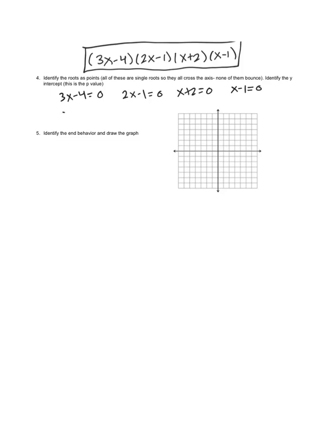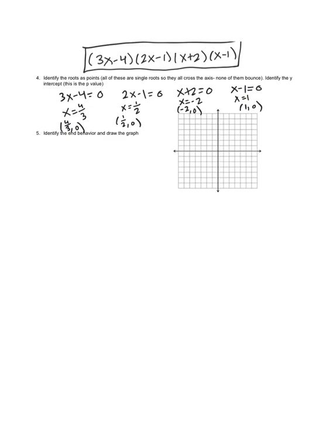So here you're going to get x is positive 4/3. So as a point, that would be (4/3, 0). On this one, you're going to get x is equal to positive 1/2. So that would be (1/2, 0). Here, you're going to get x is equal to -2. So that would be (-2, 0). And here, we're going to get x is equal to 1. So I'm at (1, 0).